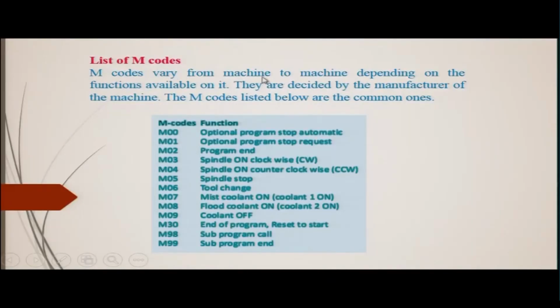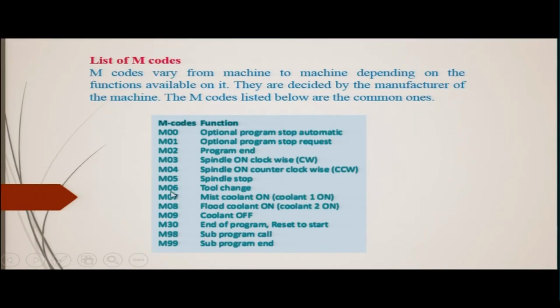The list of M codes varies from machine to machine depending on the functions available on it. Here are some of the popular M code functions. As I said, these are the miscellaneous functions. They are decided by the manufacturer of the machine. The M codes listed below are very common. For example, spindle tool change is M06.